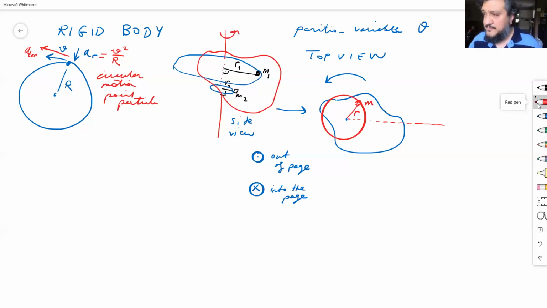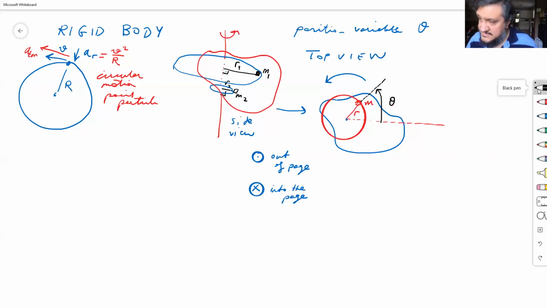But the angle theta is the angle measured from this axis. So this is the radial direction, and you measure the angle from here, theta. All right, so theta increases like that.